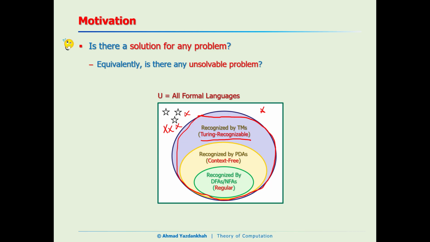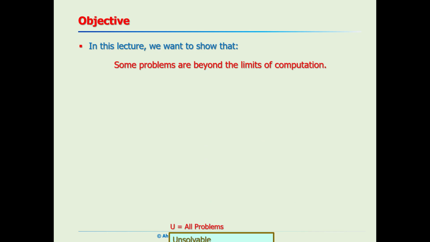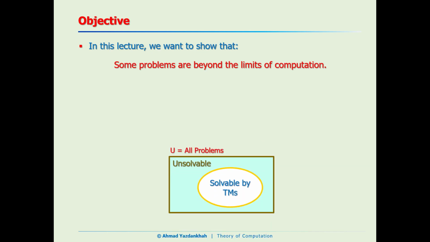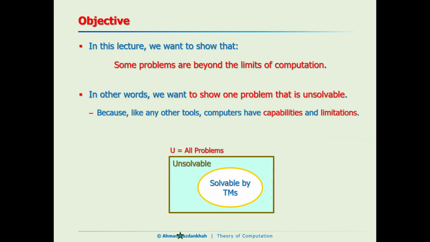And based on this question and this answer, let's see what is the objective of this lecture. In this lecture, I'm gonna show you that some problems are beyond the limits of computation, and in plain English, I want to show at least one problem that is unsolvable.